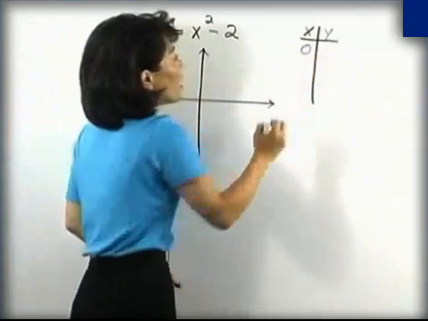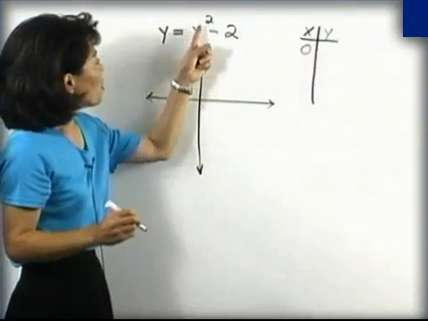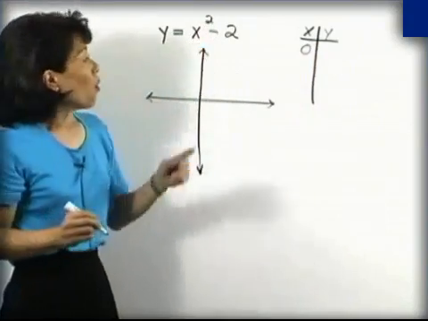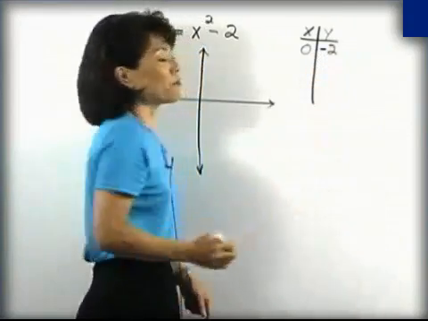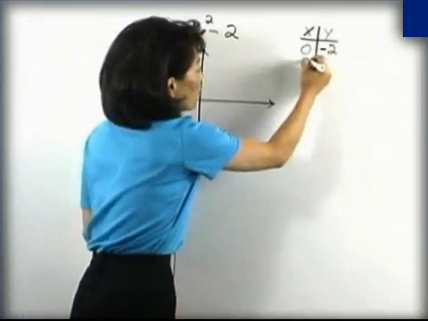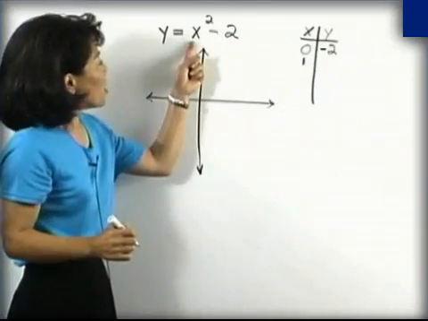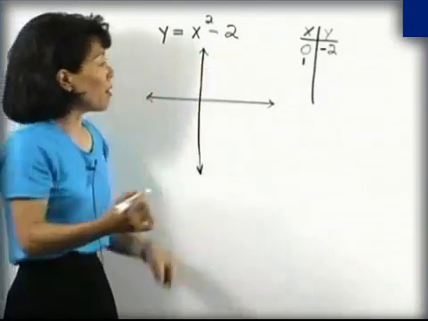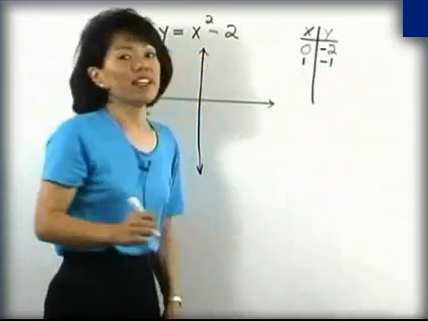So here we go. If x is equal to 0, this gives me y equals 0 squared minus 2, or simply y is equal to negative 2. Let's try some more points. Let's let x equal 1. If x is equal to positive 1, this gives me 1 squared, or 1, minus 2, which is negative 1.